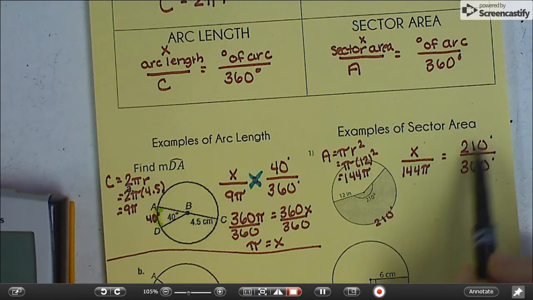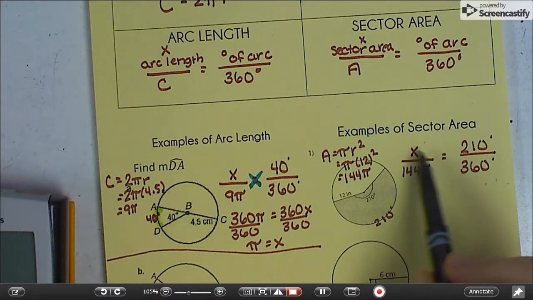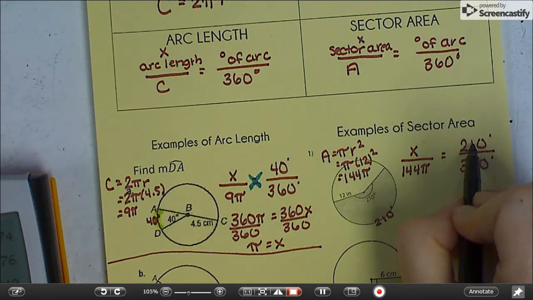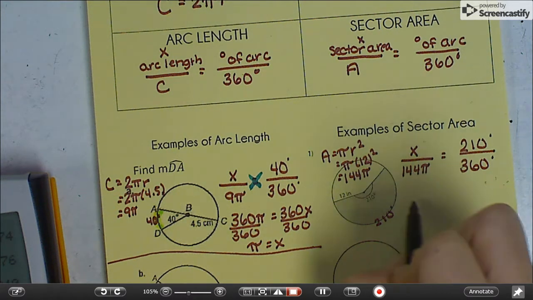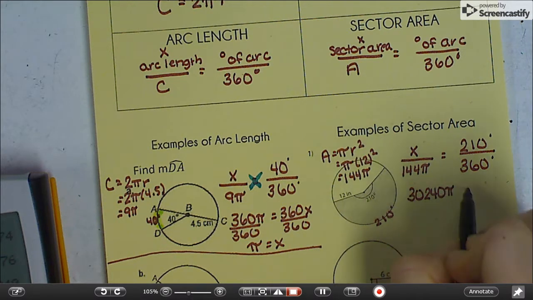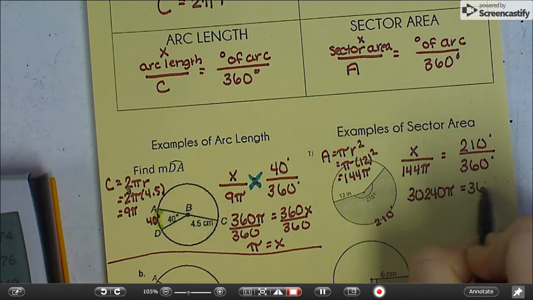So we have the percentage of the circle here and our full area and what we're looking for there. We're going to cross multiply. 210 times 144 is 30,240 pi. And that's equal to 360x.